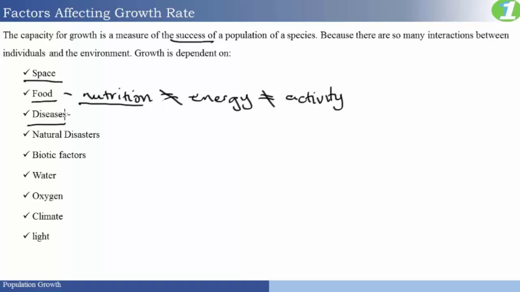Diseases, or ability to fight disease, is very important, right? So your immune system, how strong is it? Some individuals have stronger immune systems than others, and they are able to fight off infections better than others, and so they will be at an advantage because they are able to overcome this disease, but the other individual may not be so lucky.